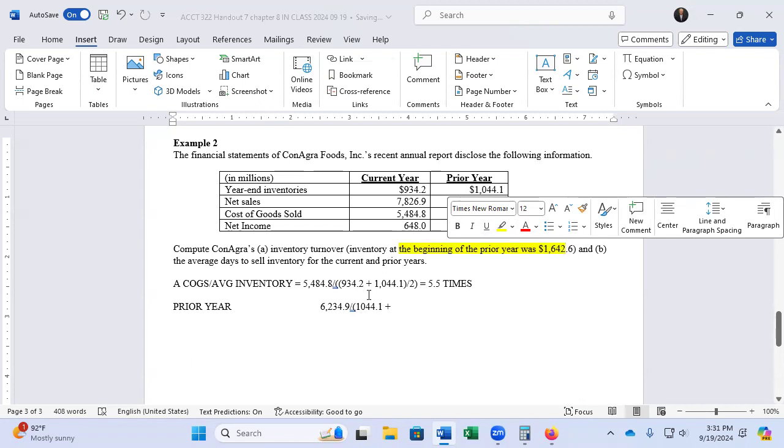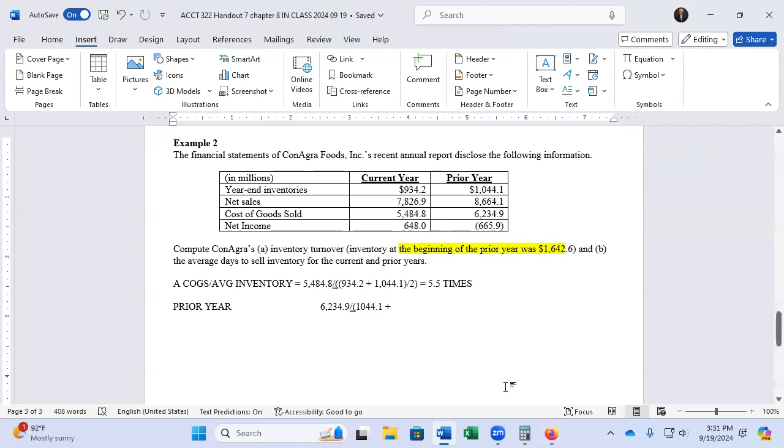Oh, my neighbor's calling me. Dog must be bugging him. And we're going to divide that by 2, close the parentheses. And that must be 4.6 times.